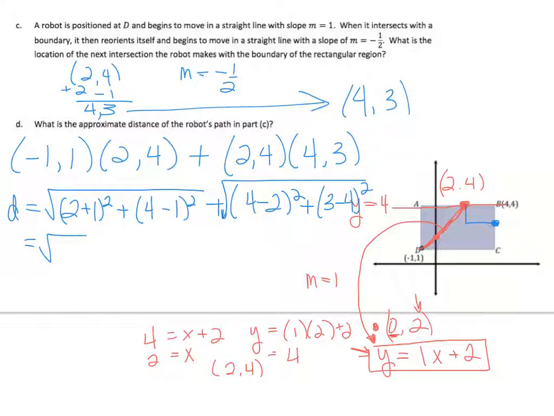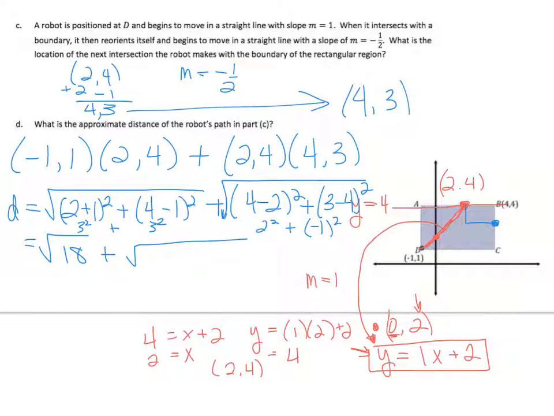Let's see. 2 plus 1 is 3 squared is 9. 4 minus 1 is 3 squared is 9. 9 plus 9 is 18. I made that really long for some reason. Plus 4 minus 2 is 2 squared. Plus 3 minus 4 is -1 squared.